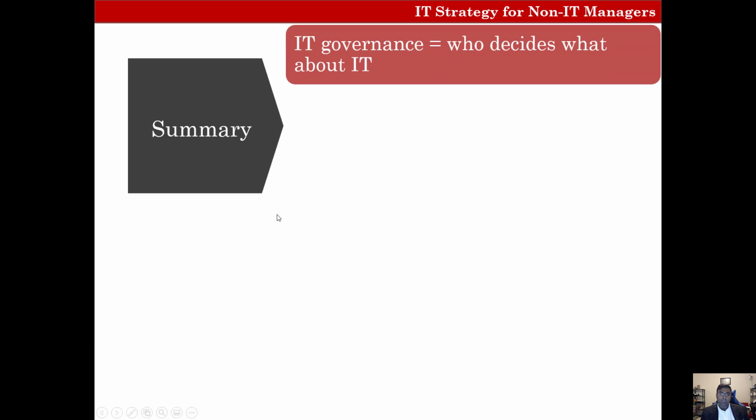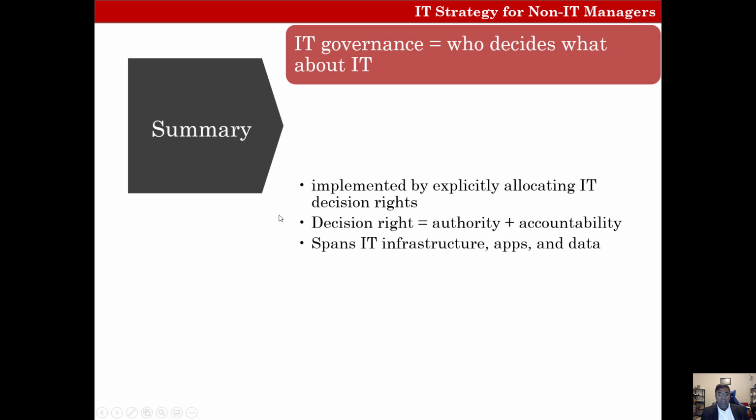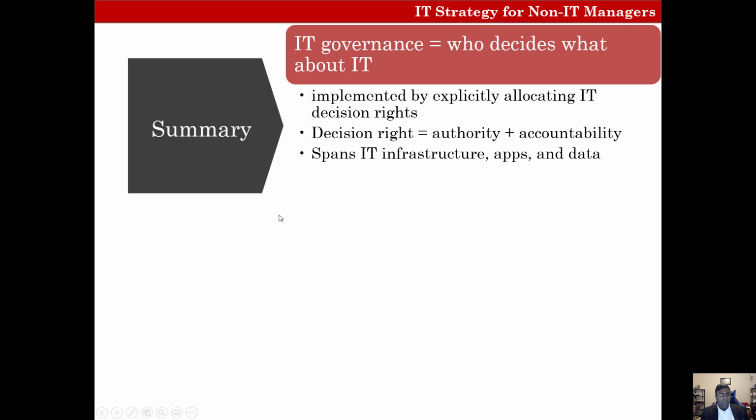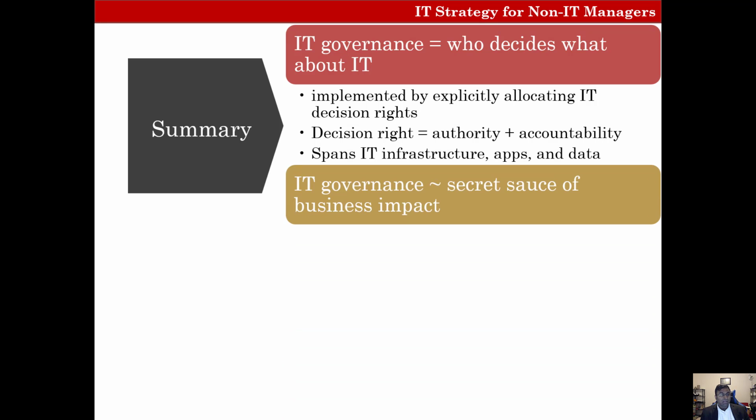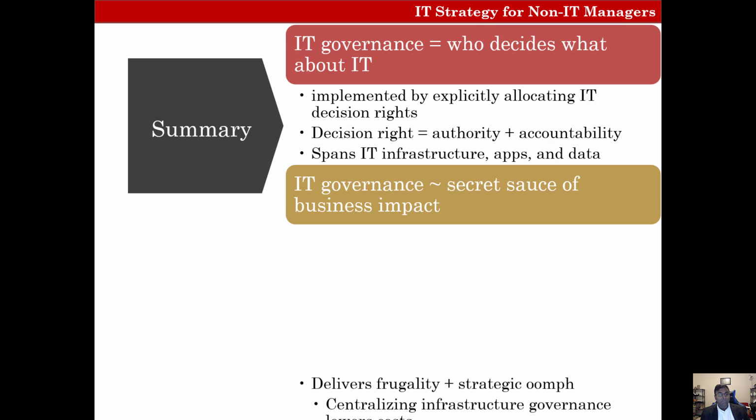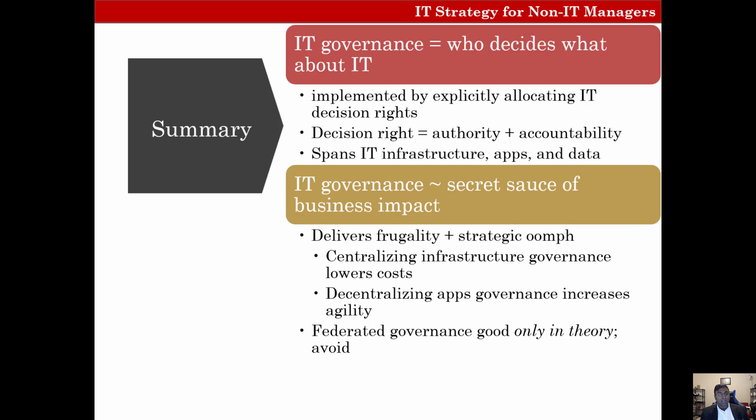So in summary, IT governance is about who decides about what IT, and it's about the decision rights, which is essentially accountability and authority. And IT governance really helps us give the combination of economies, making it frugal, and also give it strategic impact.